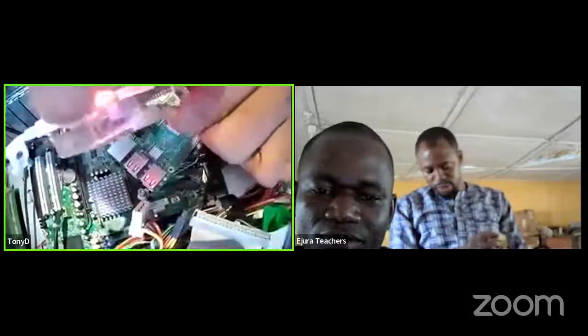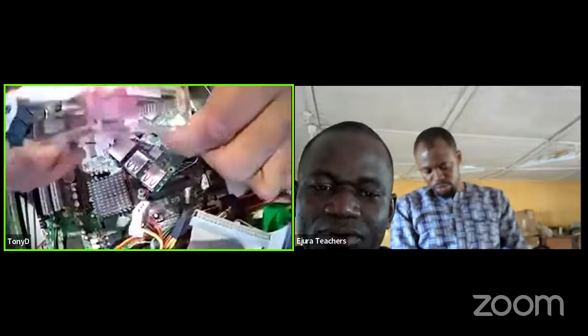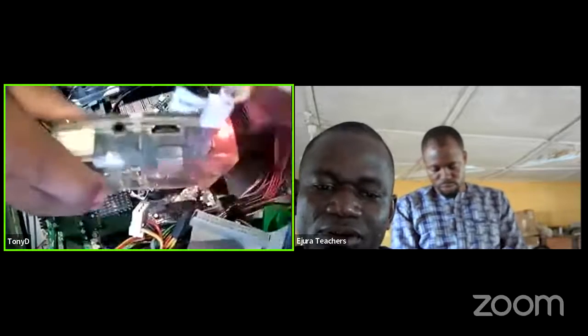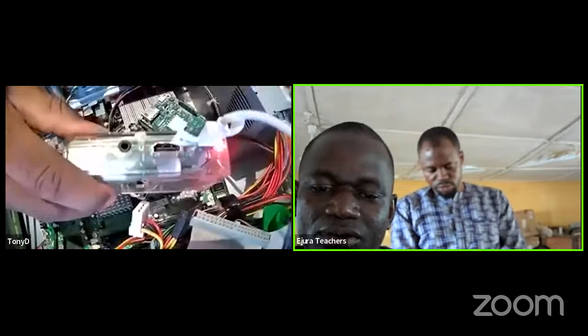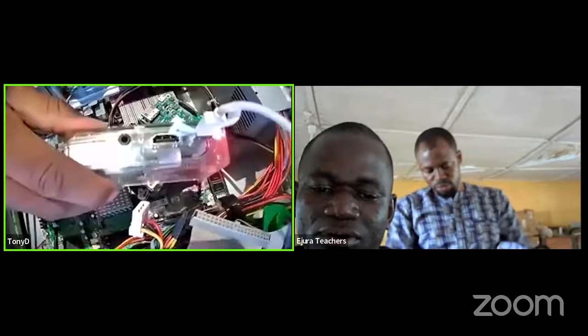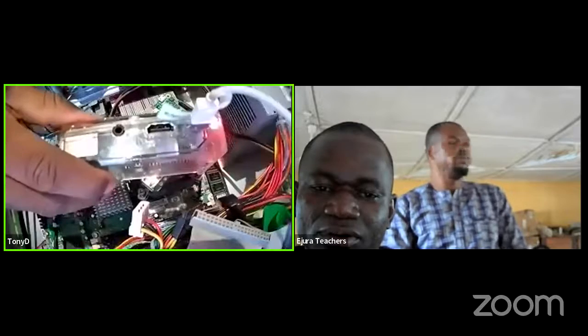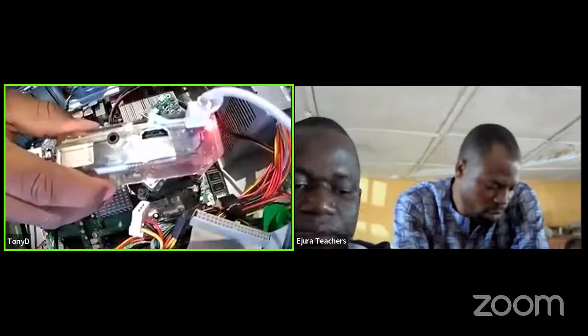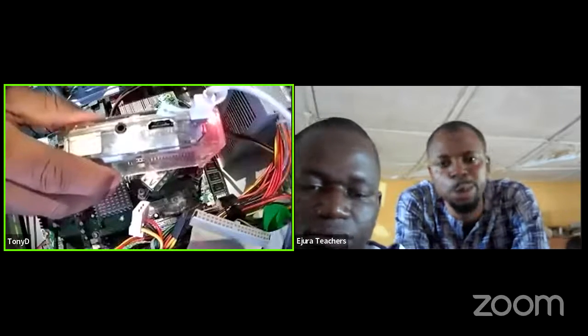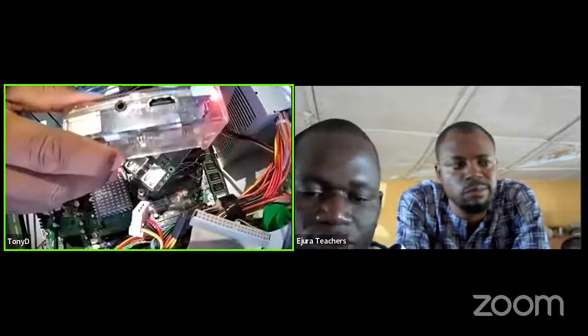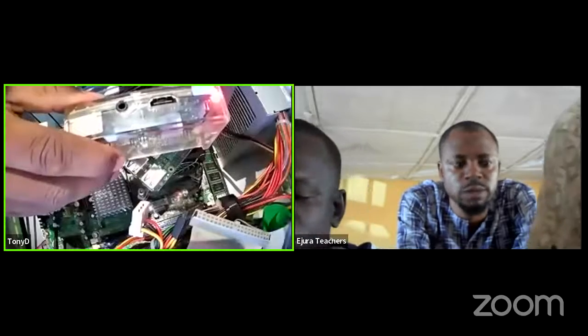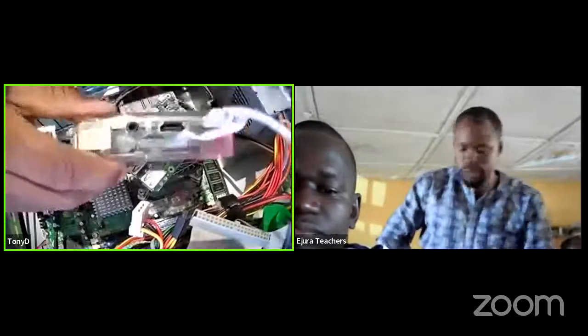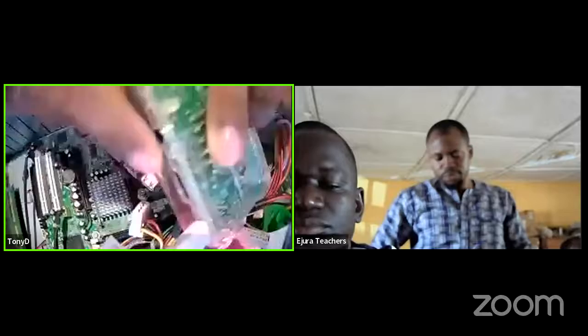Yeah, if the monitor has an HDMI connection, it will connect. So if your monitor has HDMI, you connect your keyboard to it over here.